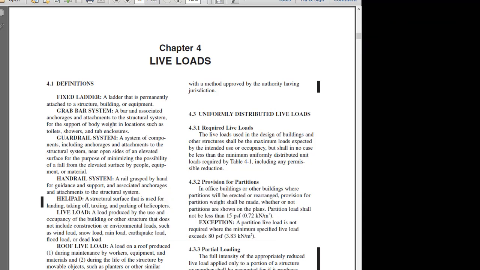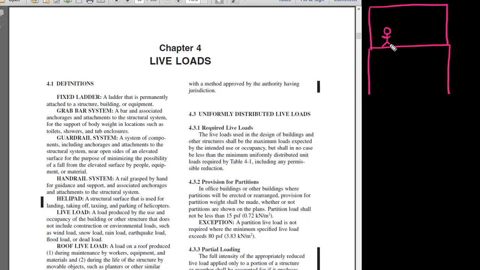Now, when we talked about dead loads, I mentioned that dead loads are basically static loads. They don't ever change. And as you can imagine, based on our discussion of live loads so far, if I draw just a basic elevation of a building like this, and I draw just a little person here. So that person, the weight of this person is considered live load.